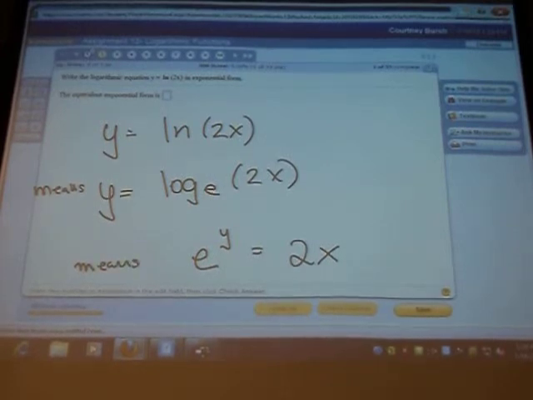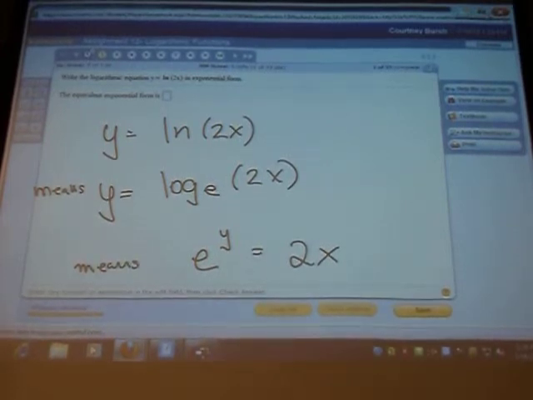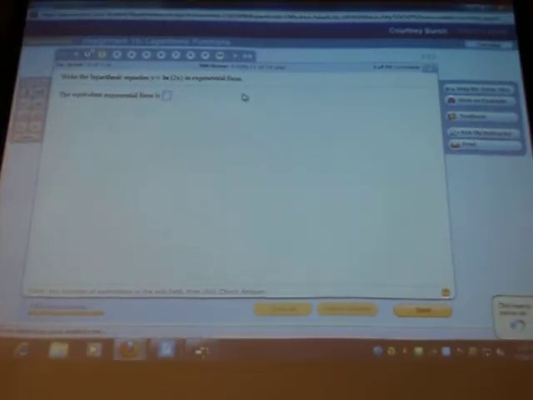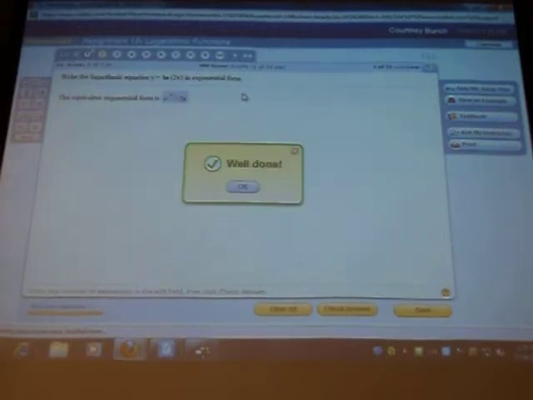You don't need to put that Y, and the equals Y needs to be in the normal place. Okay, so E to the Y equals 2x.